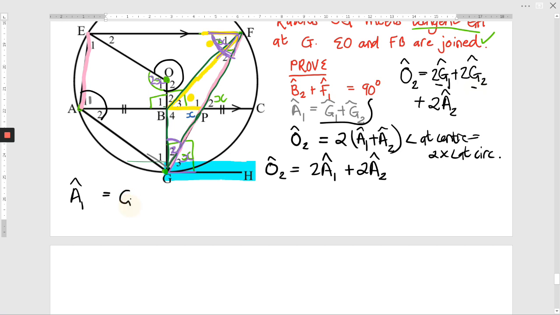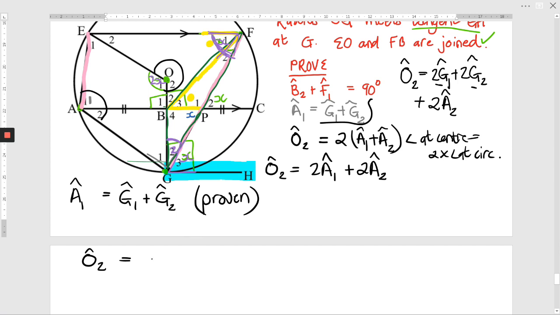Okay, I think I'm going to make this look easier than it is. A1 is G1 plus G2. Okay, therefore, I'm just going to replace now. Okay, my O2, oh, I should write here proven, even if I didn't. Even if I couldn't prove it, it was supposed to be proved earlier, so I'm allowed to use what I've already allegedly proven.